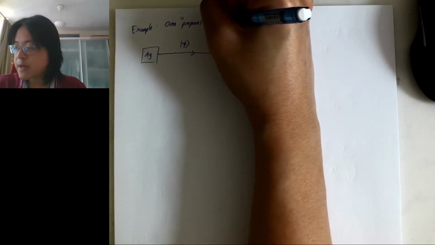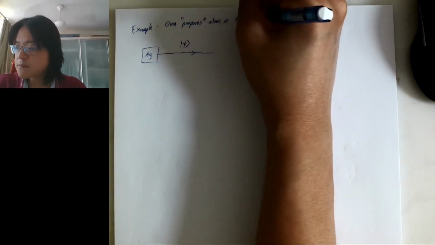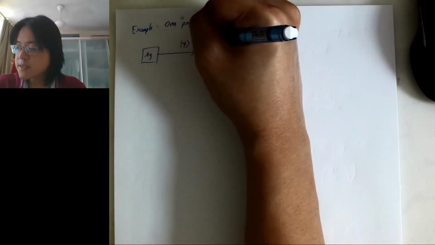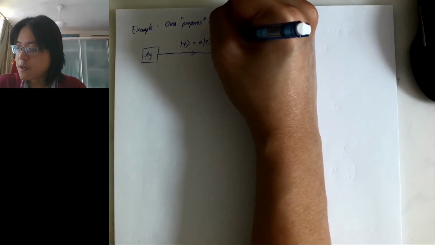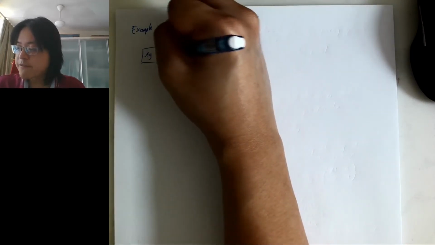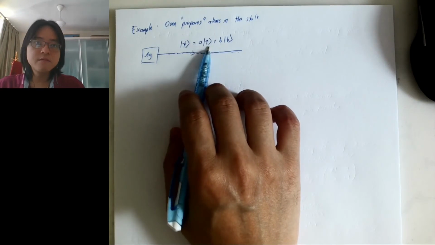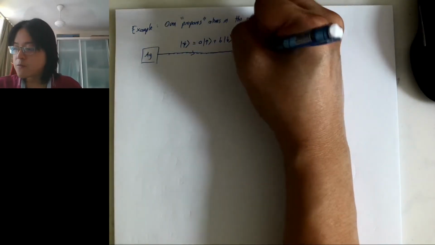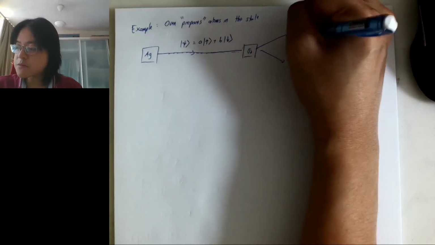So the oven prepares atoms in a state that is a superposition of pointing up and pointing down. I have a bunch of atoms here. Individually, I don't know what each of them is doing. It could be up, it could be down, but once you do the measurement, some of them go this way, some of them go this way.